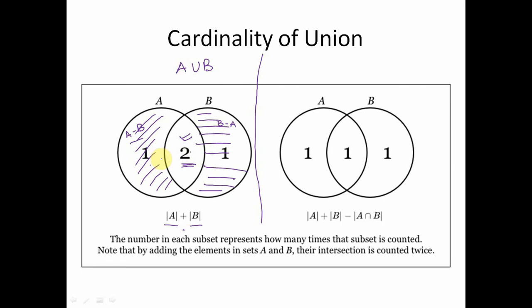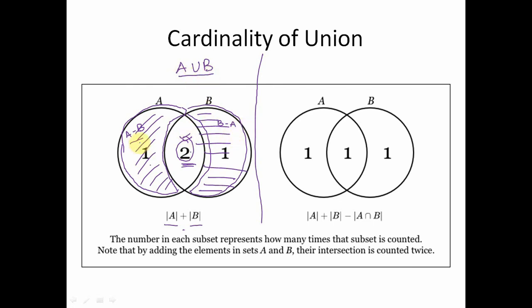So this portion of the set elements, coming from here to here, will be counted once. Similarly, this portion will be counted once, but this portion will be counted twice, once with A and once with B. So how do I accurately find the cardinality of A union B?